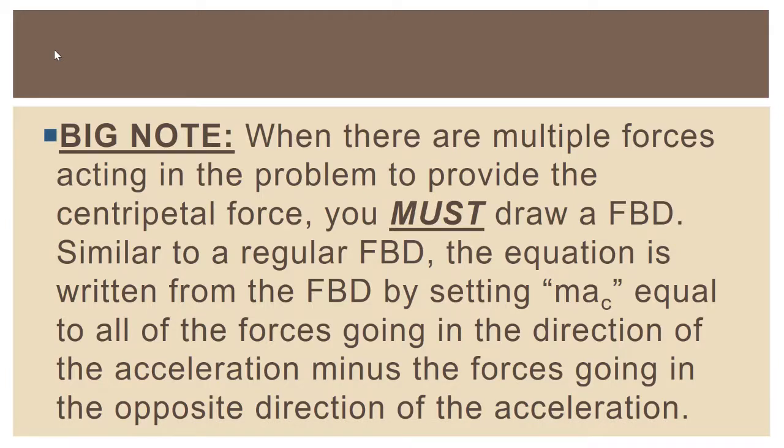Similar to a regular free body diagram, the equation is written from the free body diagram by setting MAC, mass times the centripetal acceleration, equal to all the forces going in the direction of the acceleration minus all the forces going in the opposite direction of the acceleration. And so really, I think the most important thing to realize here is that it's a very similar approach. We draw the diagram, we write the equation from the diagram, and then we go.